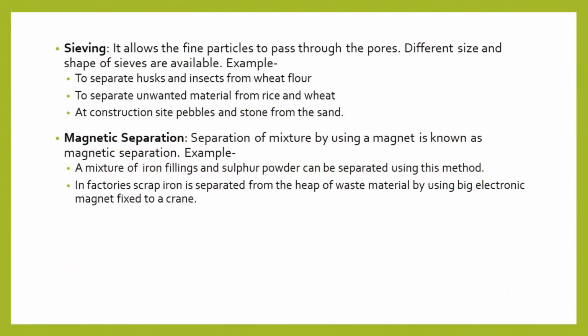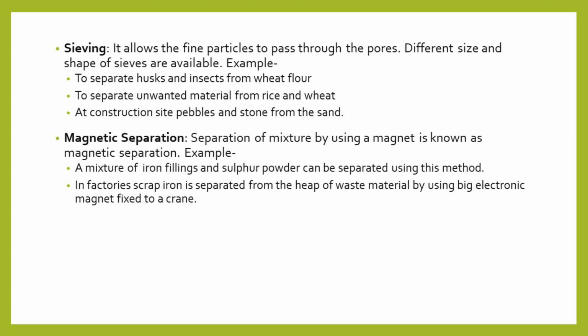Next is sieving. Sieving allows the fine particles to pass through the pores. Different sizes and shapes of sieves are available in the market. For example, to separate husks and insects from wheat flour, to separate unwanted material from rice and wheat, and at a construction site, pebbles and stones from the sand.